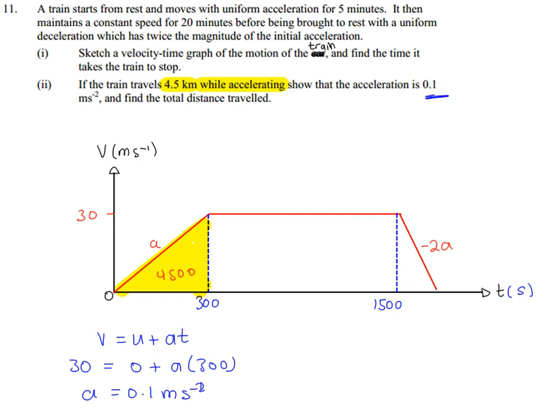So now that we know the acceleration, we know the deceleration on this side will be minus 0.2 meters per second squared. So we can calculate distance. Well, we know the distance here. We can calculate the area of the rectangle here, and we can work out the value here for time, and then we can work out the area there, and then hence the total distance travelled.